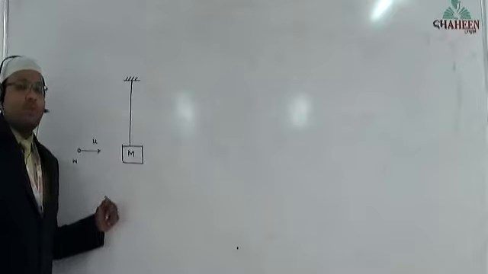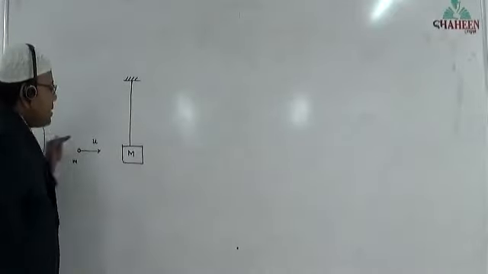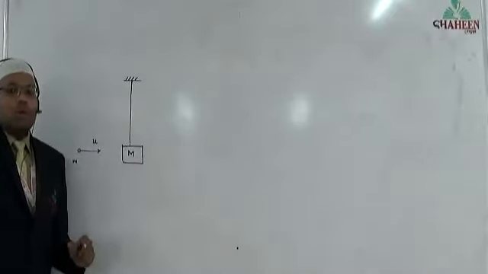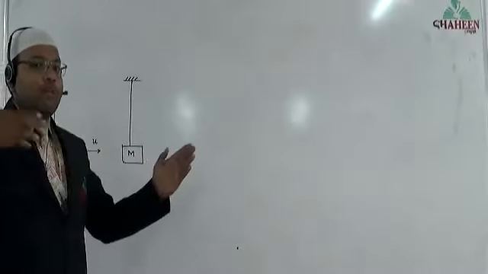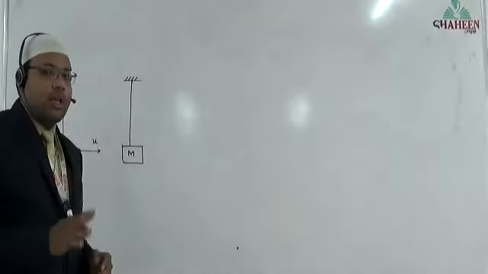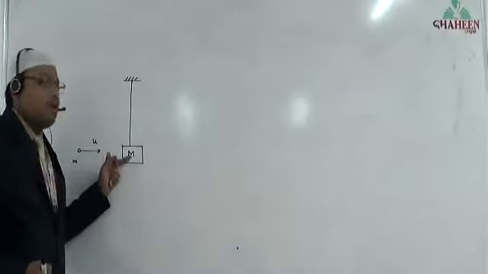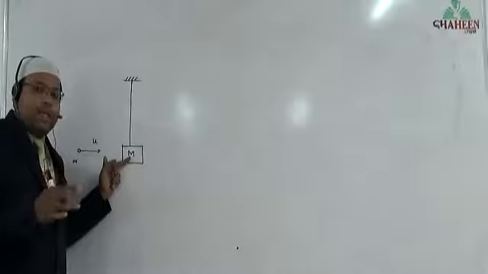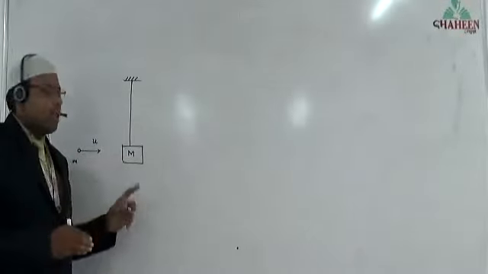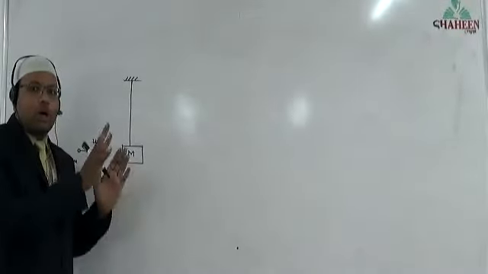This bullet is striking the wooden block. It is not coming out. After striking the block, the bullet is getting embedded in it. Embedded means it penetrated into it and stopped.